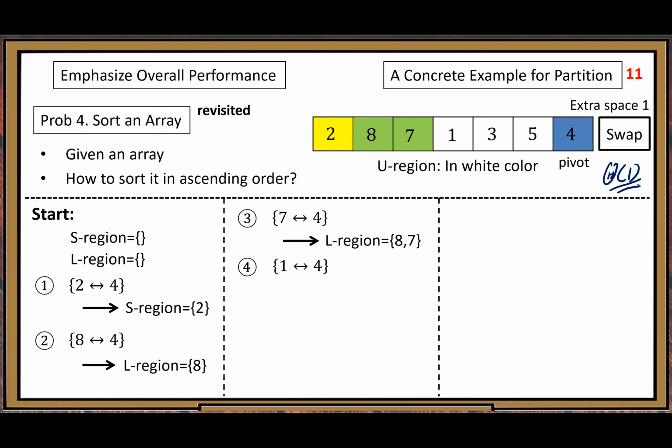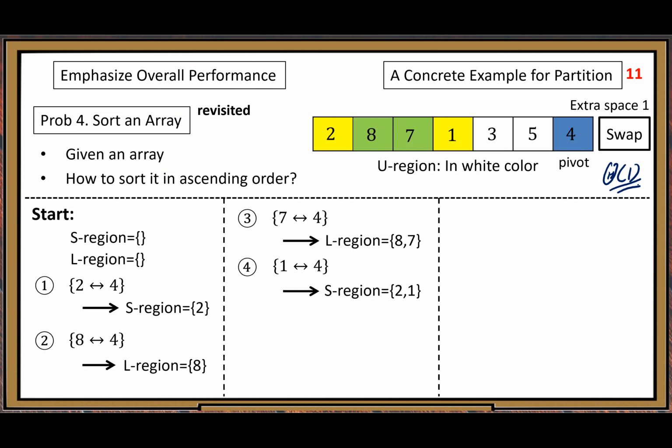Next one, we compare 1 and 4. It's less than 4, so we should put it in the S region. Here we make that 1 yellow, but you can see from the picture that the yellow region is separated by the green region. That's not convenient.